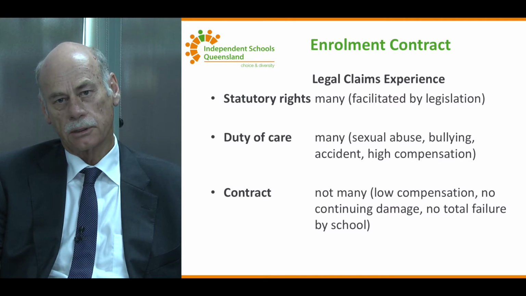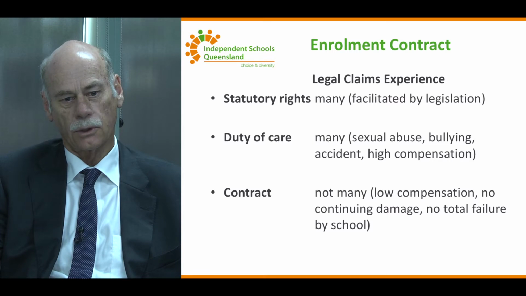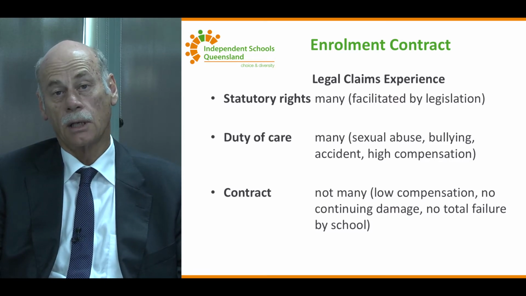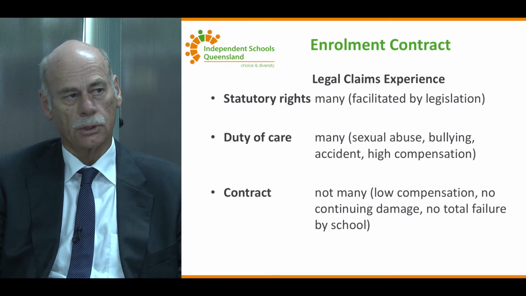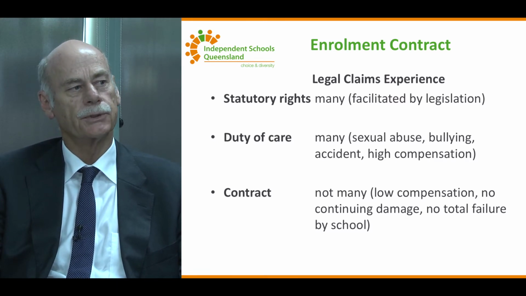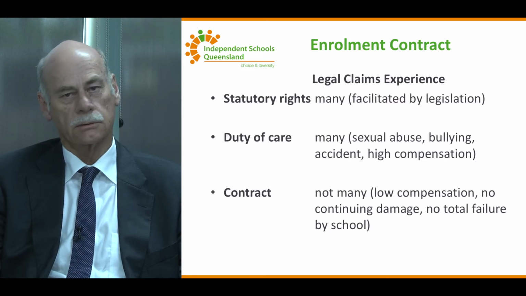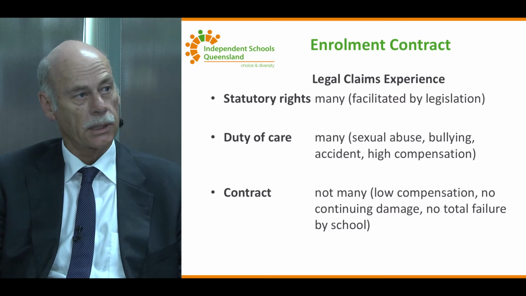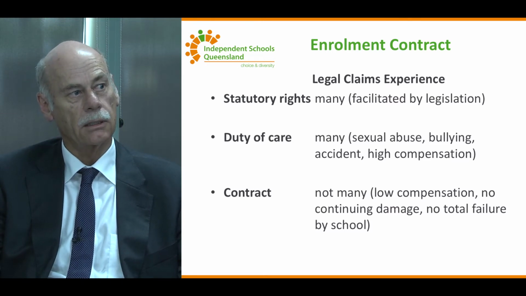Often these claims are going to be met by insurers, so they don't necessarily involve huge amounts of time for the school, but the insurers and their legal advisors are going to require the schools to do lots of work, provide documentation and so on. So once again, it's best to avoid getting into a position where somebody's making a claim, but again, it's an area where there are many claims.